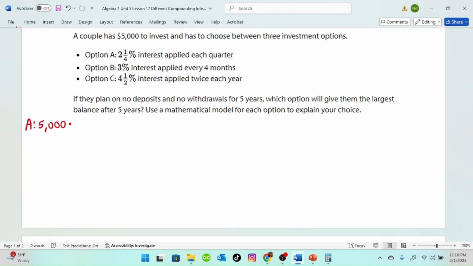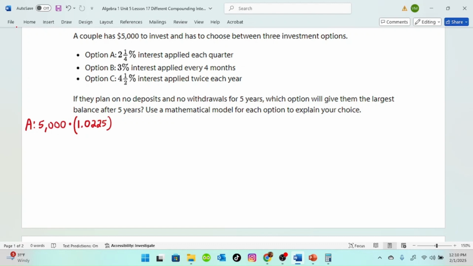So that would be a growth factor of 1.0225. The 1 maintains the current balance, and the 0.0225 represents 2.25%.